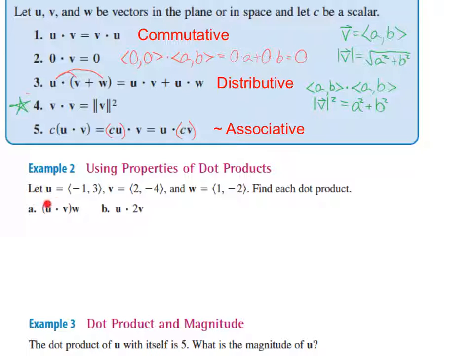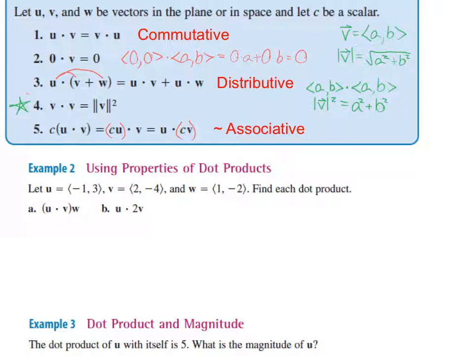So u dot v, does that give us a scalar or a vector? Scalar. Then when I multiply that by vector w, does that give us a scalar or a vector? Vector. So our final answer here ought to be a vector. Let's actually do that now.